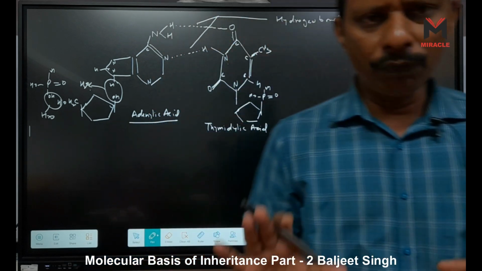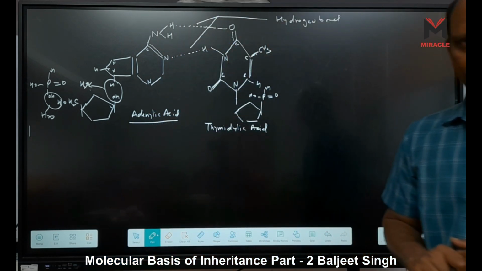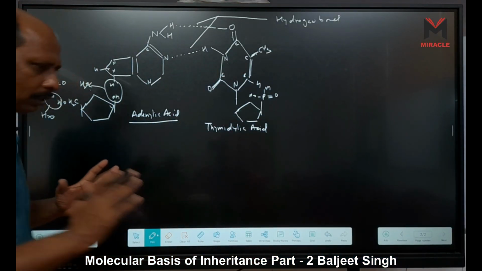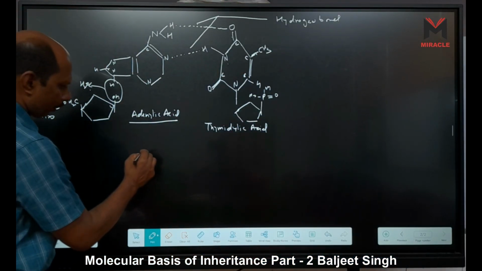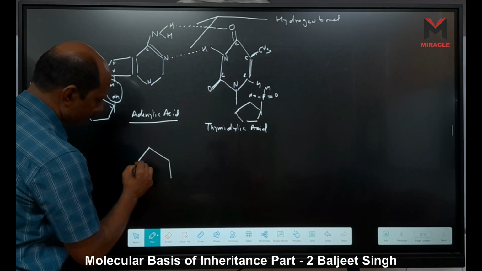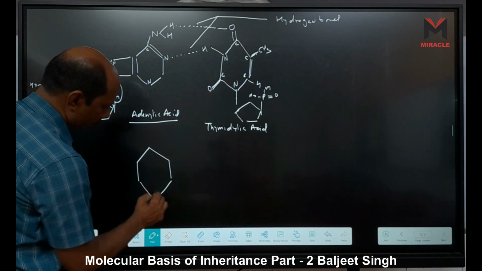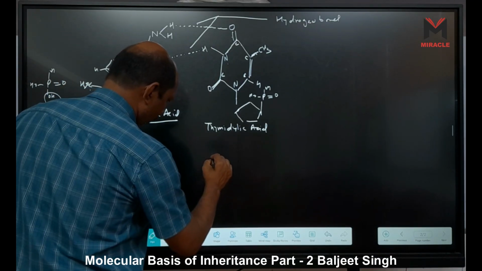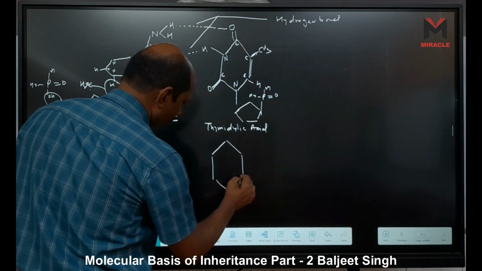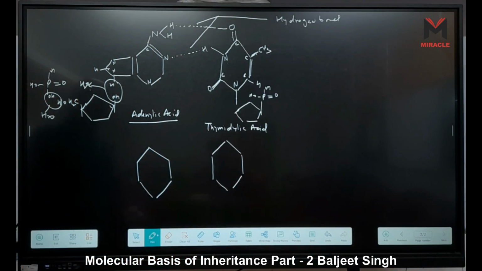We have only 4 nucleotides, that is cytidylic acid and guanylic acid. See here how a triple bond is formed. This is our guanylic acid, and this side I draw, it is our cytidylic acid.